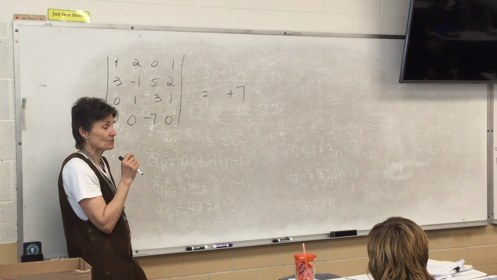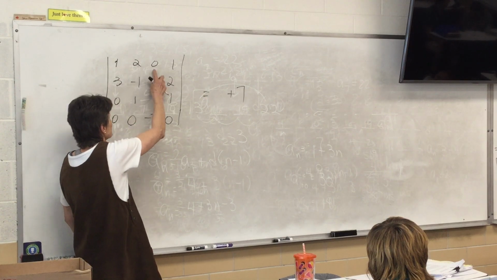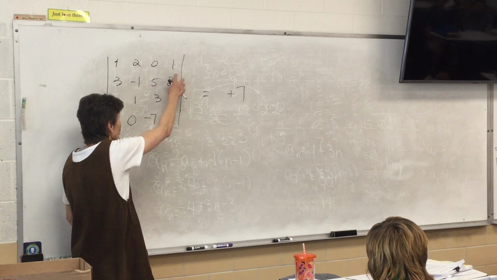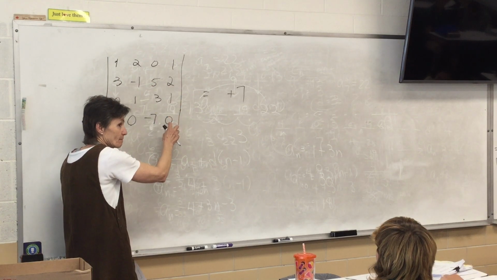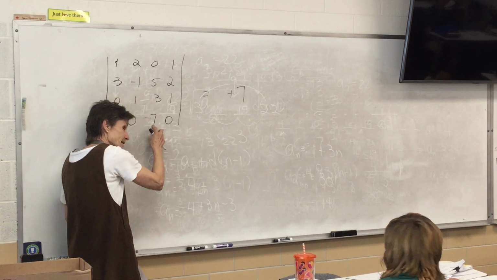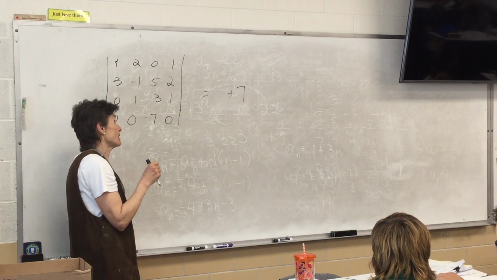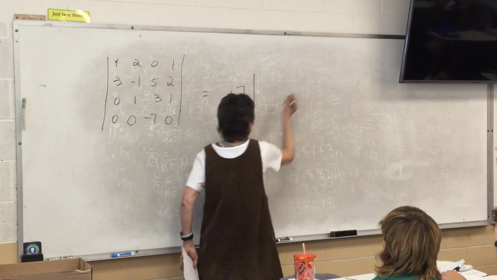Now, what you can't do is skip. No, no, no. There's no skipping. You have to go continuously. Any way you want to get to here, but get to there without skipping. All right, so that sign's going to change.